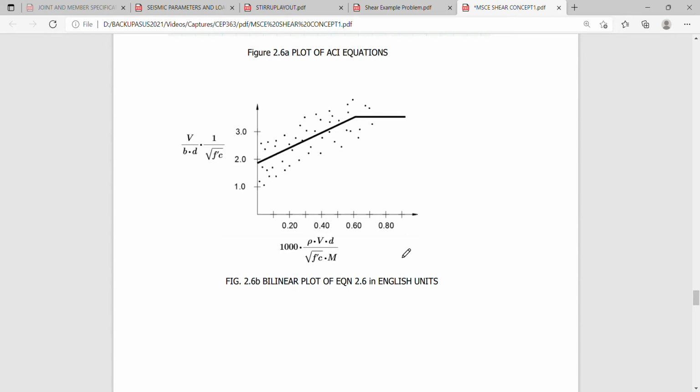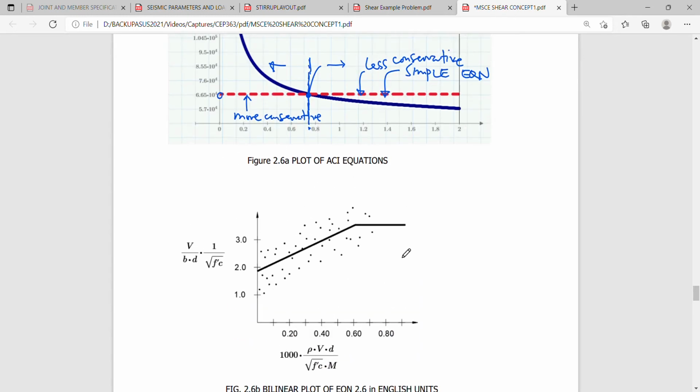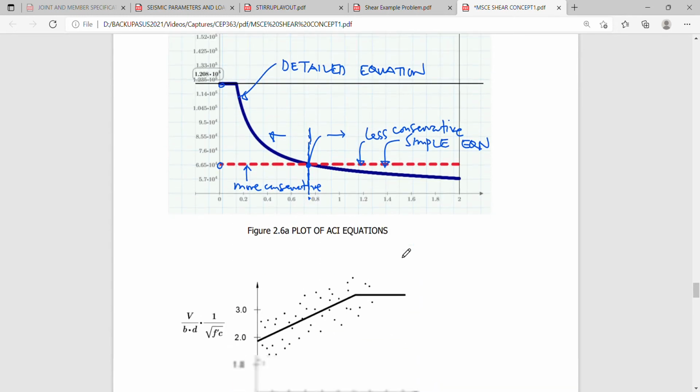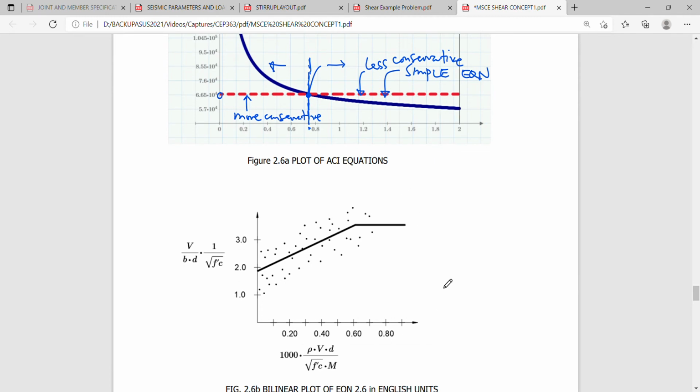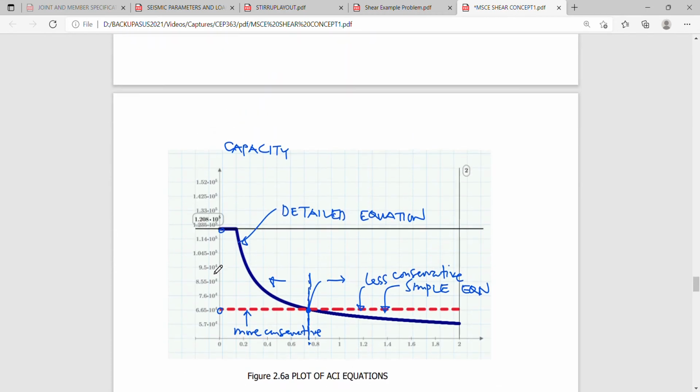Okay, so for the plot of the ACI equations, I already explained to you what this means. As far as your plot is concerned, we are using here some mixture of variables, which is not directly a shear function.